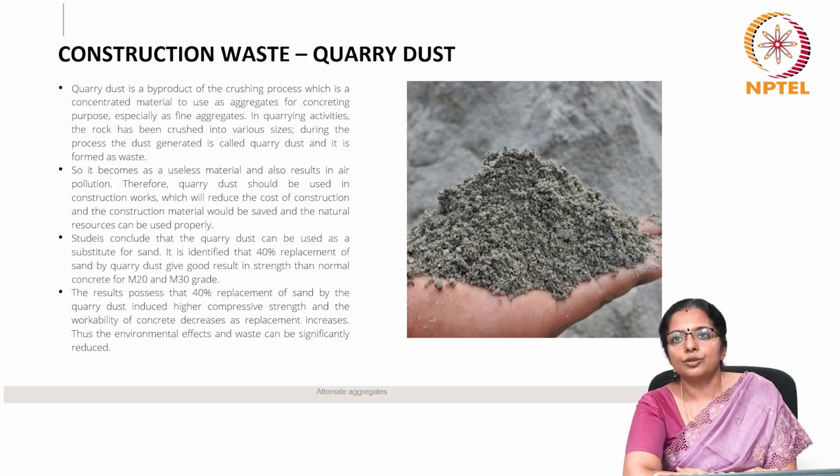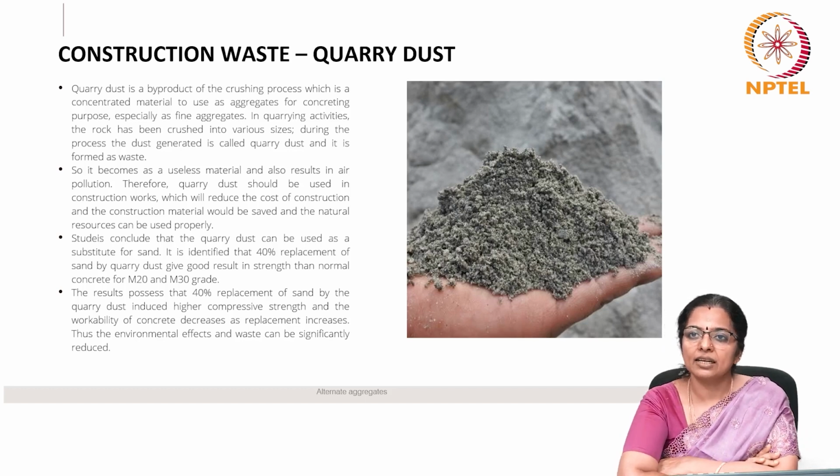Therefore, quarry dust should be used in construction works, which will reduce the cost of construction and the construction material would be saved and the natural resources can be used properly. Studies conclude that the quarry dust can be used as a substitute for sand. It is identified that 40% replacement of sand by quarry dust gives good result in strength than normal concrete for M20 and M30 grade.